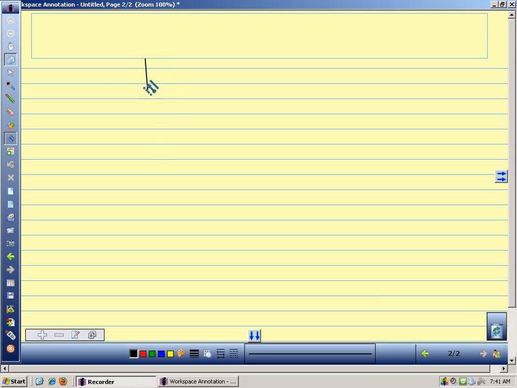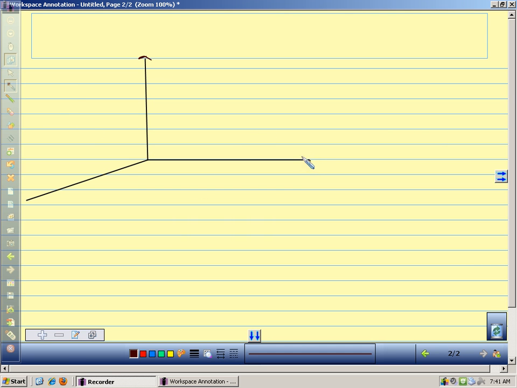So let's draw a picture to show what we mean geometrically. So here are our axes. And our surface is up here somewhere. So there's our surface. And I'm going to do the x's in red.